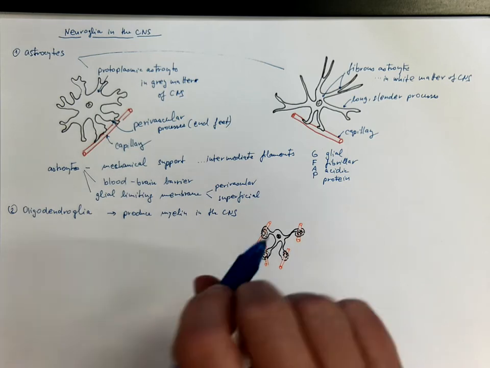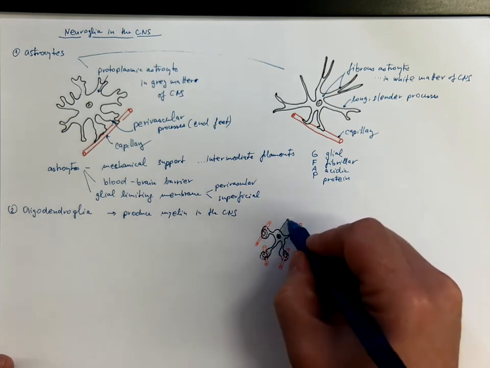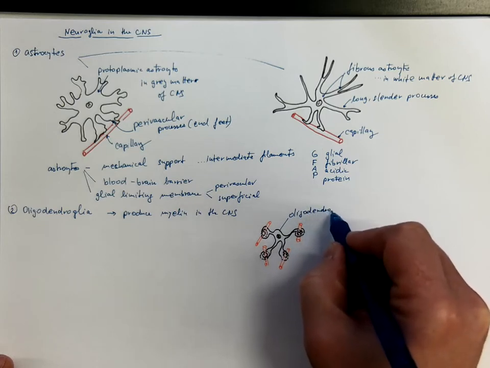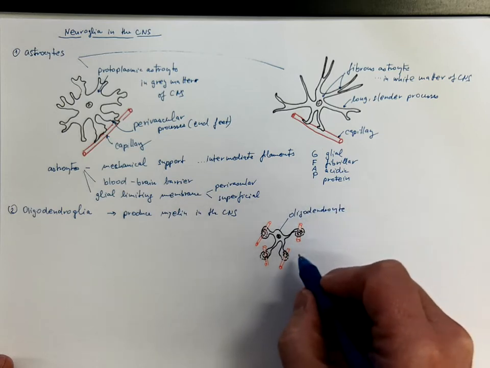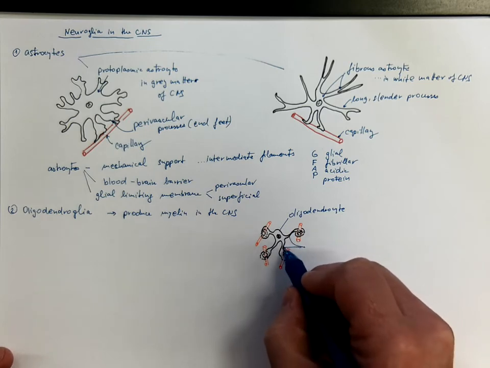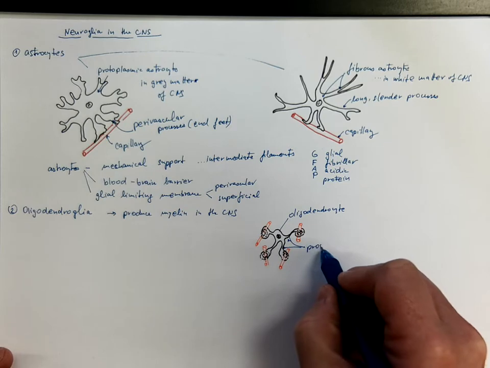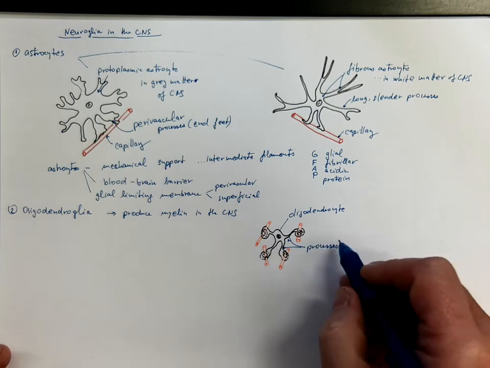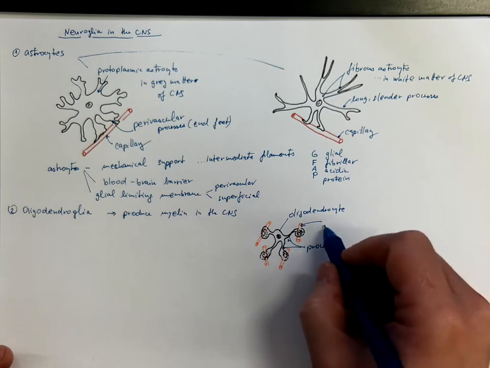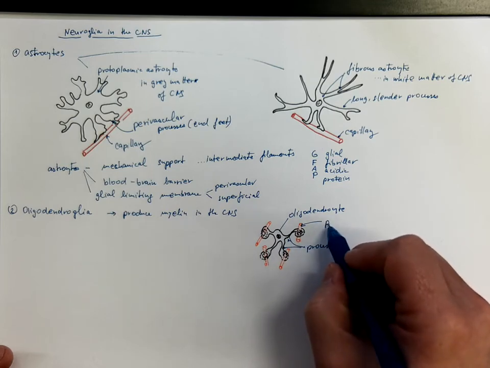So one oligodendroglia or oligodendrocyte has several processes that are wrapped around the processes of neurons.